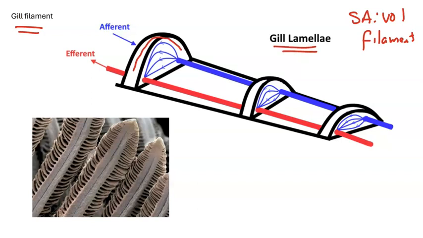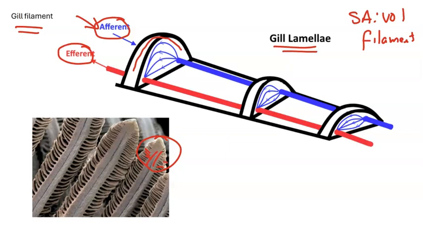In this image here, this is the gill arch, these are the gill filaments, and so the lamellae would require further magnification before we could see them. Notice that the blood supply coming in is the afferent blood supply and the leaving blood supply is the efferent.